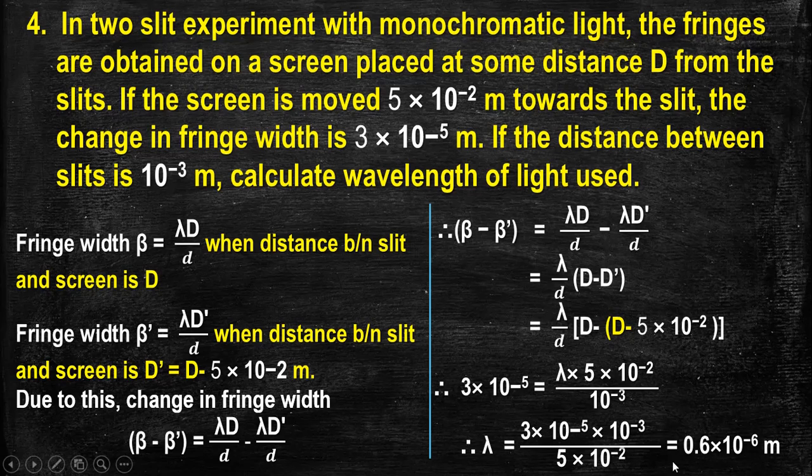After simplification and calculation, you get 0.6 into 10 to the power of minus 6 meter. This is your final result. But remember one thing, you have to recall the relevant formula. Because this problem is related to fringe width, you have to immediately recall beta equal to lambda D by small d.